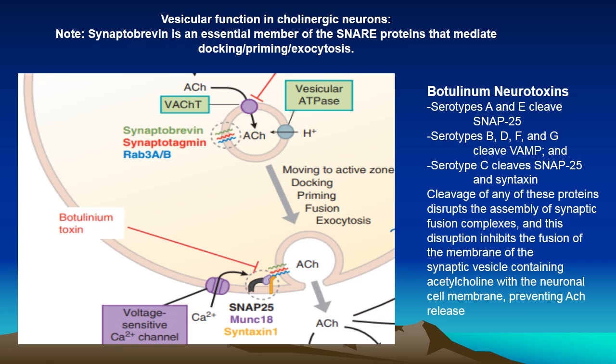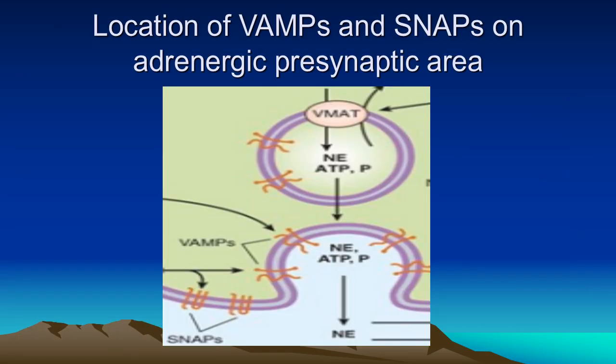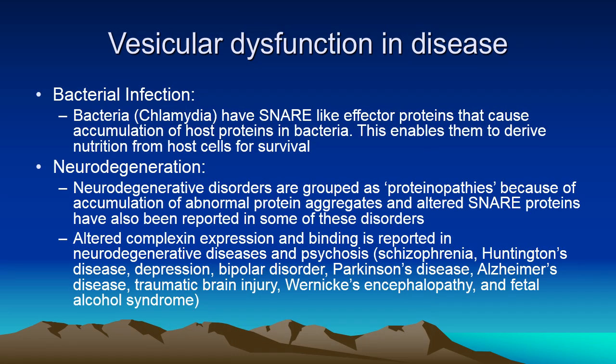Because of the cleavage of these important proteins involved in release, the disturbed trimeric complex assembly results in lack of release of acetylcholine, and thus there is muscle paralysis, a longer lasting paralysis. Almost similarly, there is storage and release of noradrenaline from adrenergic neurons involving transport and trafficking proteins.